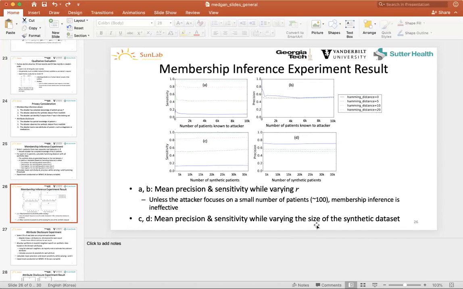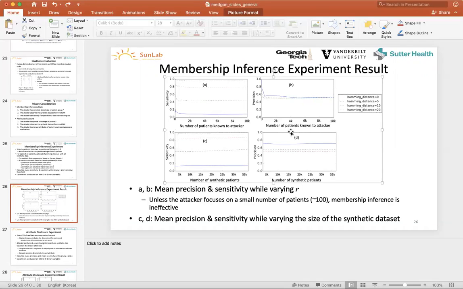Intuitively, if you generated only 10 synthetic records, it would be very hard for the attacker to see if the patient that he or she knows was used to train MedGAN based on only 10 synthetic samples. But if MedGAN was a bad generator, simply copying from its memory, then the more samples MedGAN generates, the easier it is for the attacker to perform membership inference. But just look at this line here.